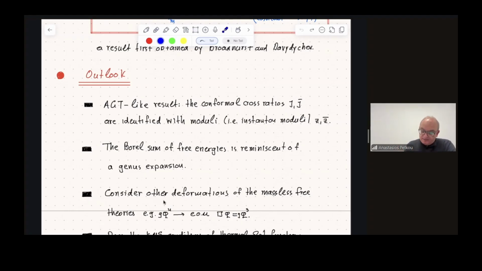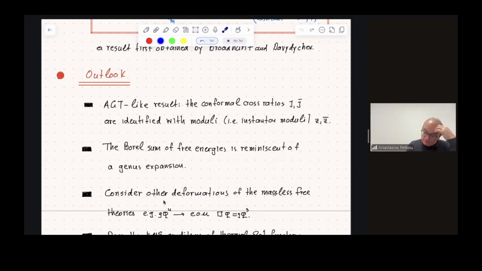So the first thing one notices is that this is like an AGT-like result. For those of you who don't know what AGT is, Alday, Gaiotto and Tachikawa is the relationship between correlation functions, 4-point correlation functions in 2 dimensions, and partition functions or free energies in 4 dimensions.